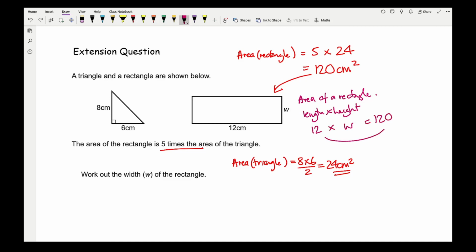So all I need to do is either decide what I need to multiply 12 by to get 120, or just simply divide 120 by 12, so W equals 10, and it's going to be in centimeters. So the final answer is W equals 10 centimeters. Now again, I'm not putting squared because I'm working out the length, so that's why I don't need square units.